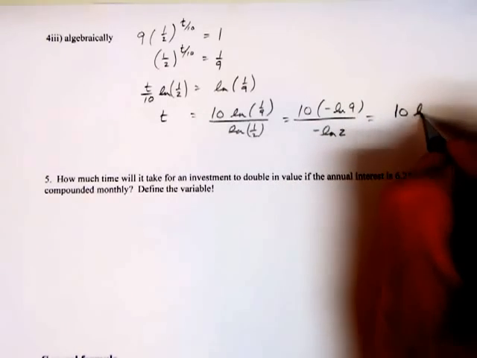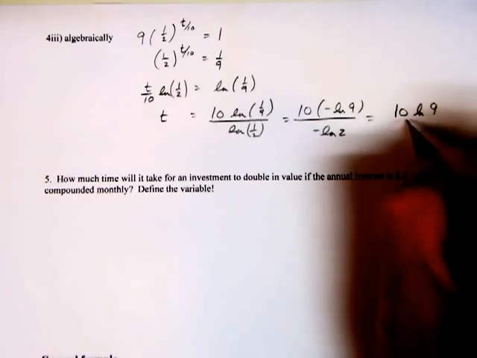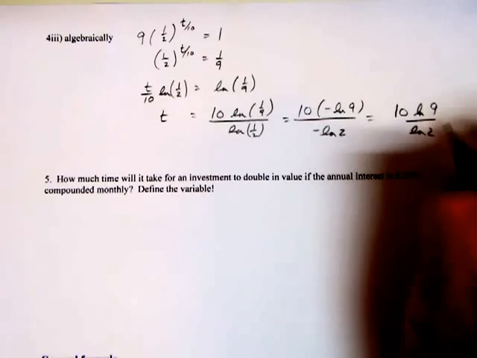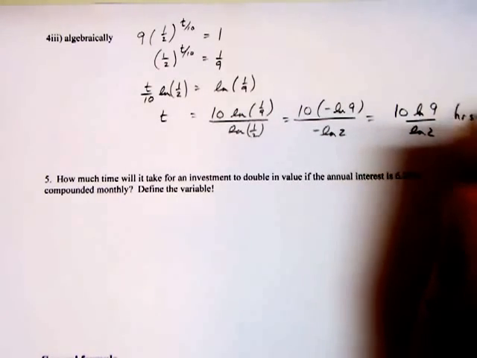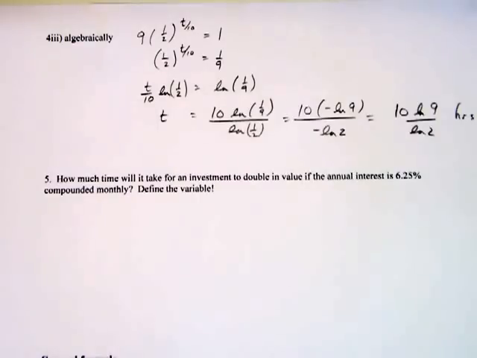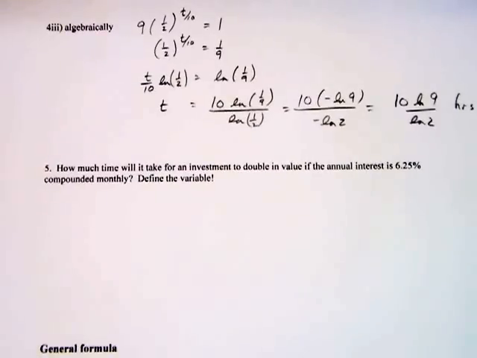So the simplified form of this would be 10 ln of 9 over ln of 2. And again, that's hours. And if you plug that in on your calculator, you'll get our 31.699.